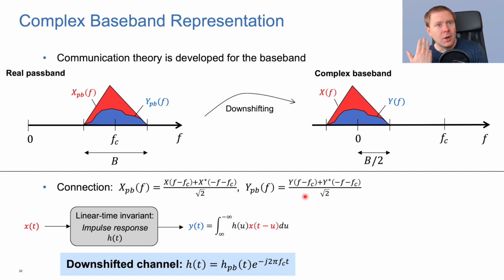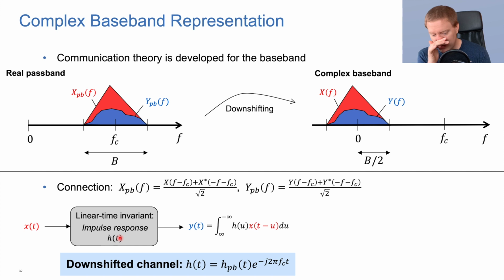And while our communication channel is appearing in the real passband, we typically are modeling them in the complex baseband as well. So we want to have a corresponding input-output relation like this. We are transmitting a signal in the complex baseband, we get the signal in the complex baseband that is received, and we would like to have the received signal as a convolution between the transmitted signal in the baseband and some kind of impulse response.